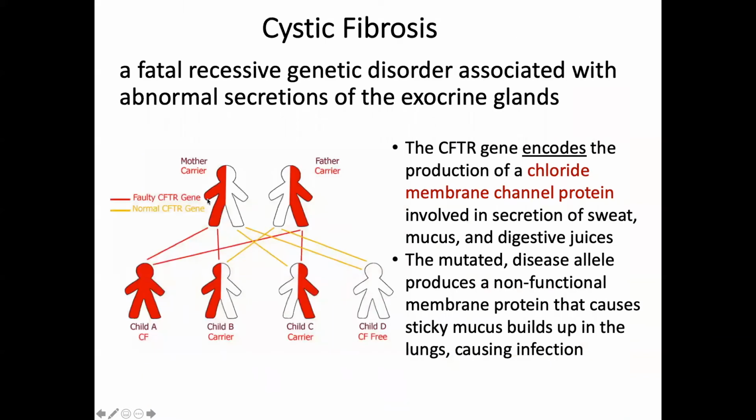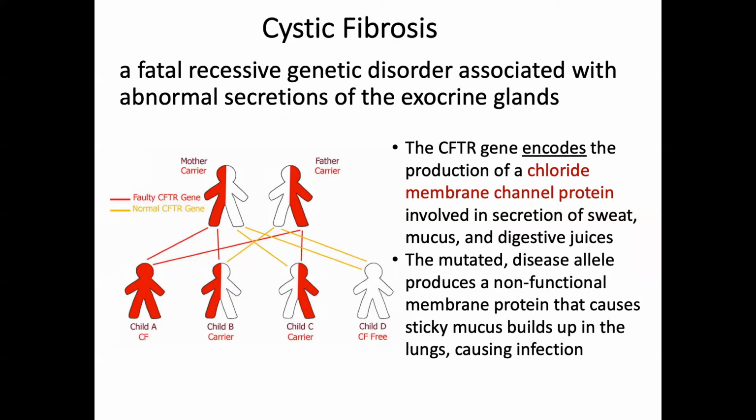Cystic fibrosis is a fatal recessive genetic disorder associated with abnormal secretion of the exocrine glands, such as sweat glands and salivary glands. A gene named CFTR is responsible for the onset of this disease. A normal CFTR gene encodes the production of a chloride membrane channel protein, which is involved in secretion of sweat, mucus, and digestive juices.